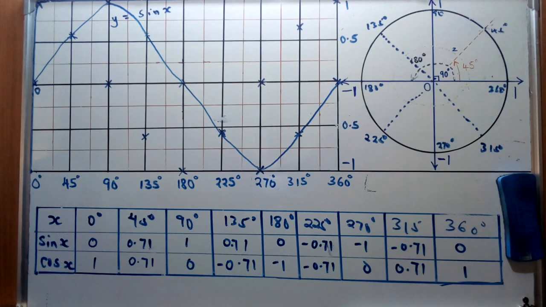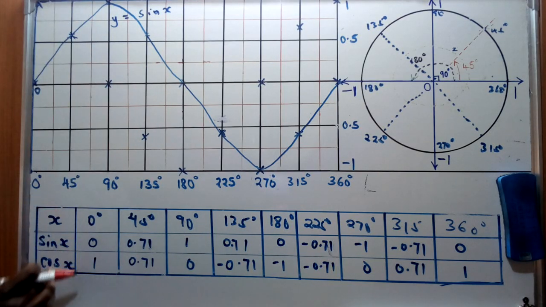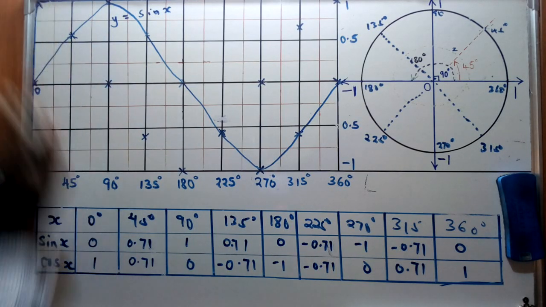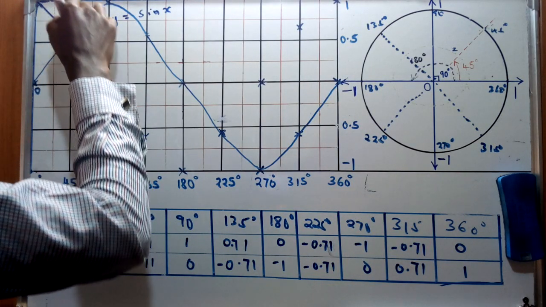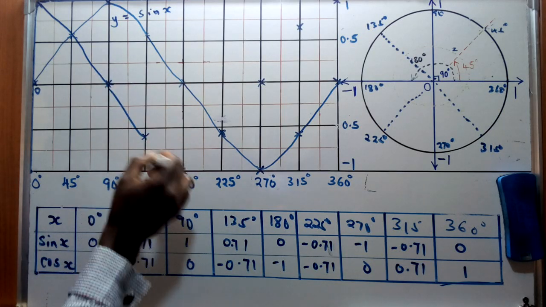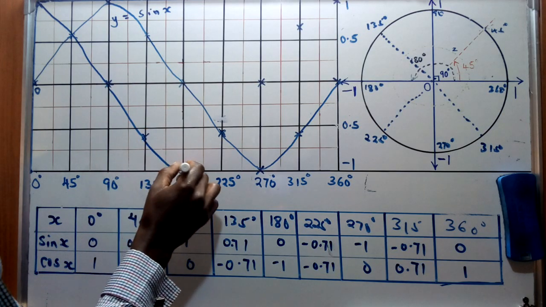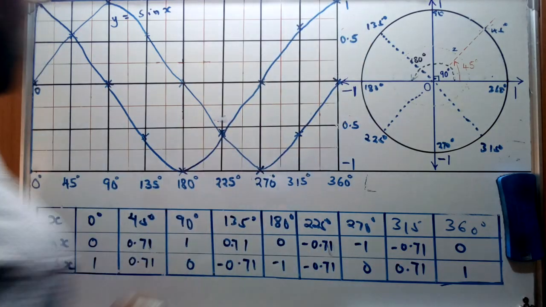Now if you look at the values for the cosine of x, we're going to have a second plot starting from this specific point, the value of the cosine of x for 0, starting from 1, which is a unit. So it's going to appear like this, a continuation to this specific negative unit, and then it's going to go like this.